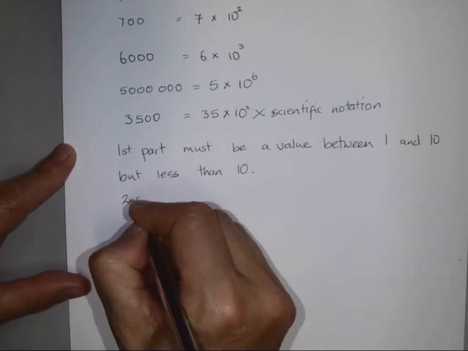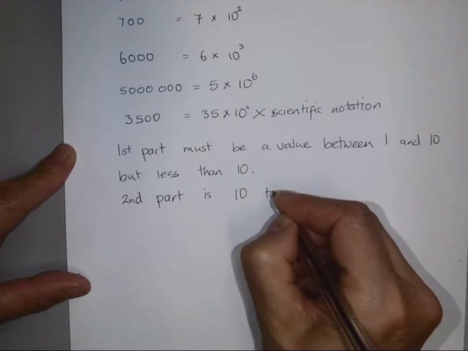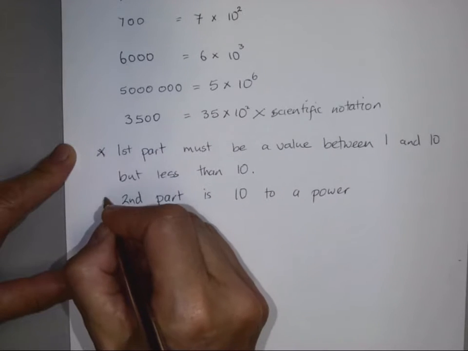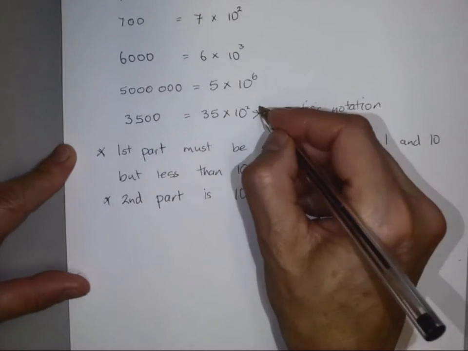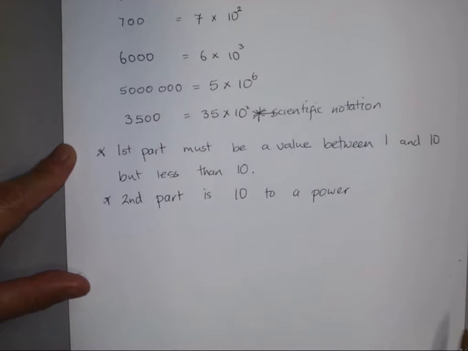The second part is the power of 10, is 10 to a power. These are the two things. So 35 by 10 to the 2 is not scientific notation.